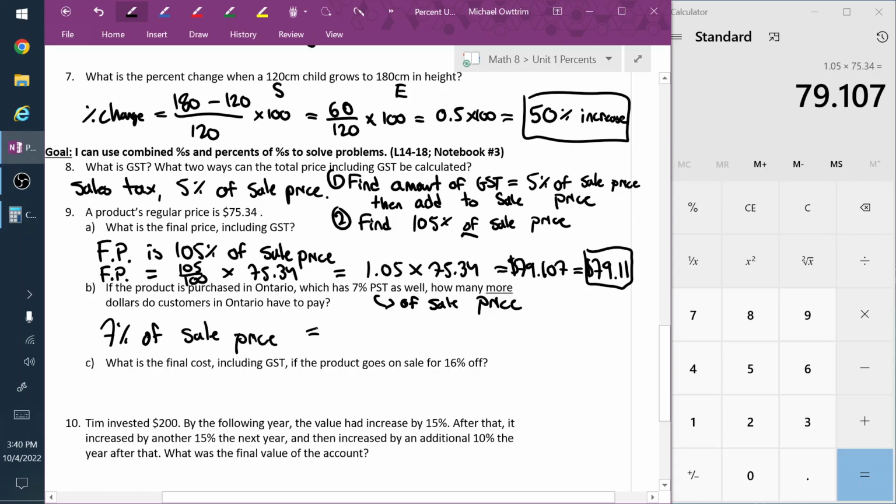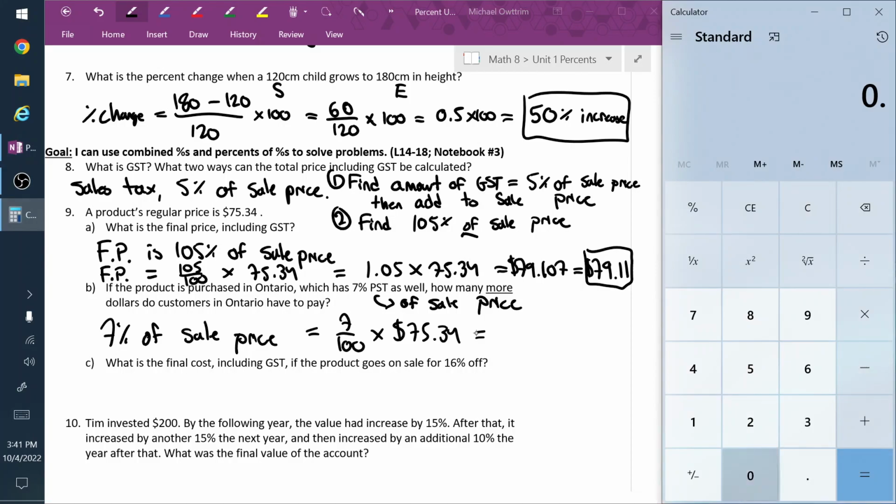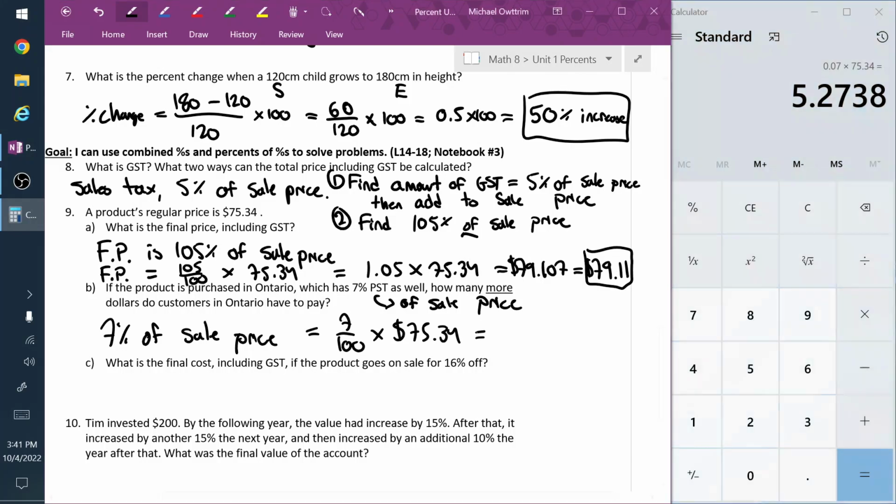That's going to be the extra that the Ontarians need to pay. 7% is 7 out of 100, of means times, and then our sale price was $75.34. 7 out of 100 is 0.07 times our 75.34 gives us 5.273, or if we round, 5.27, rounding down. Okay, so the Ontarians will pay an extra $5.27.